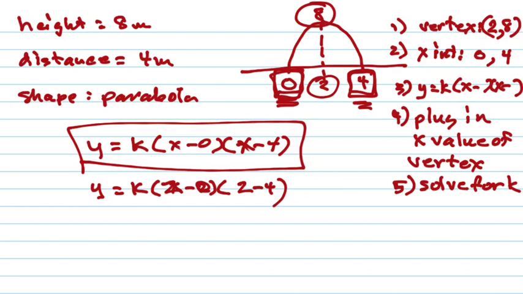Oh, and we also have our y value. X value of the vertex and y value of our vertex, because we know the y value as well.